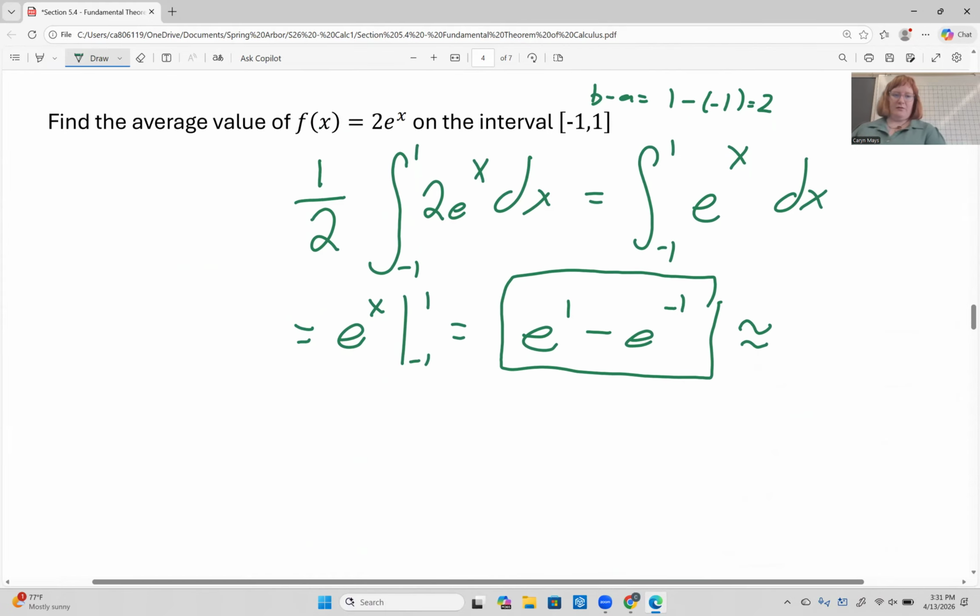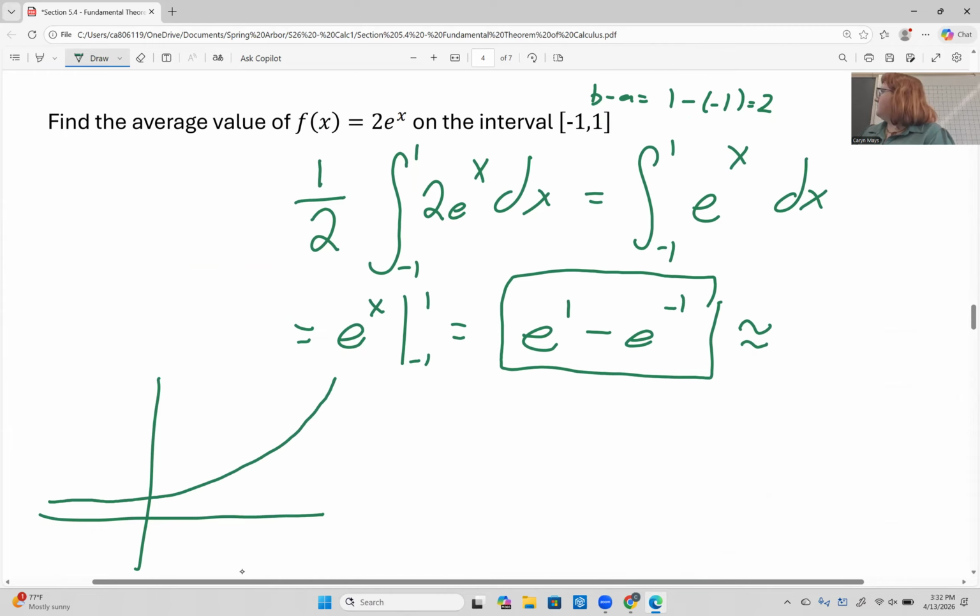I want to talk about a little bit. What does e to the x look like? It goes to infinity. It starts out really slow and then grows really fast. I'm going from -1 to 1.